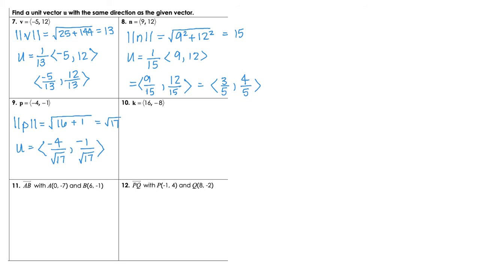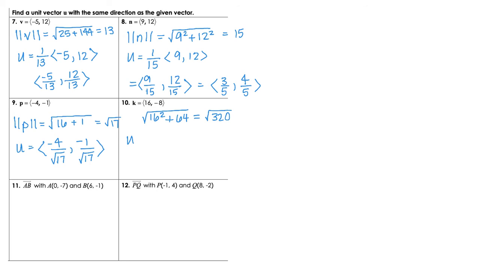Number 10, square root of 16 squared plus -8 all squared, so 8 squared is 64. That's going to end up giving you the square root of 320. And again, you're welcome to leave it square root of 320 if you wish.